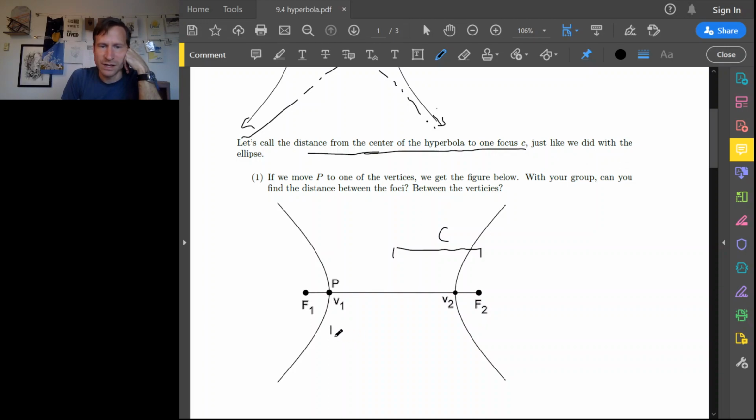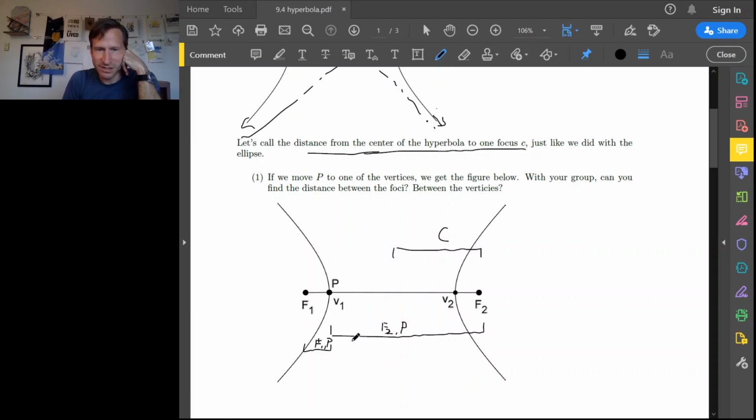So here is the distance from F2 to P, and here is the distance from F1 to P. And we said that the difference of these two distances is 2a.